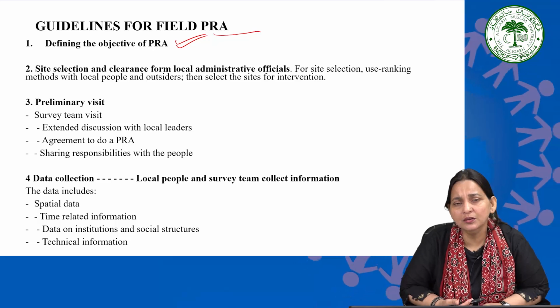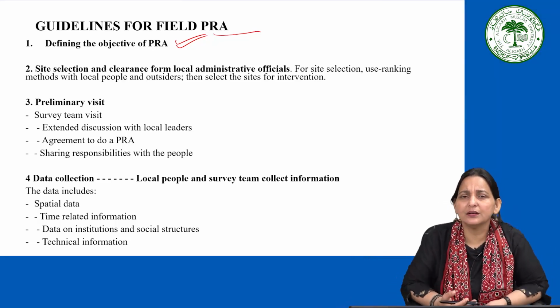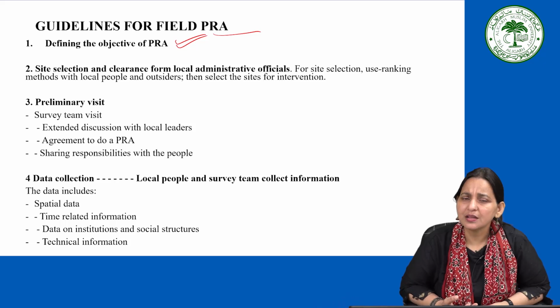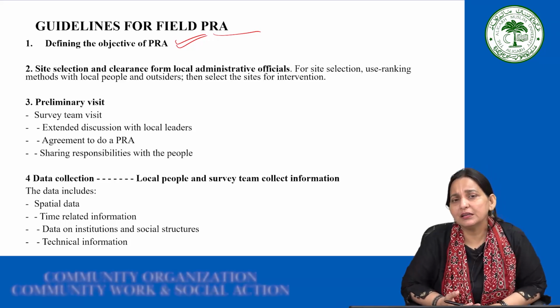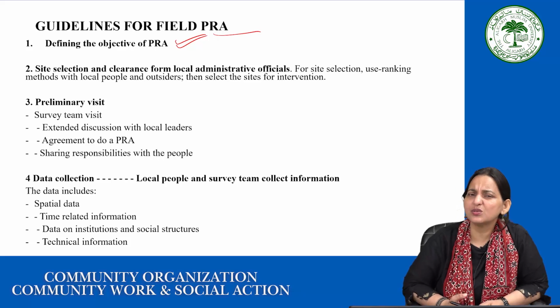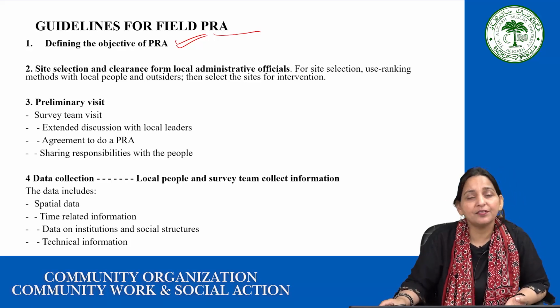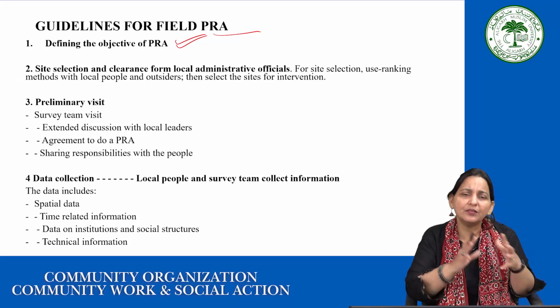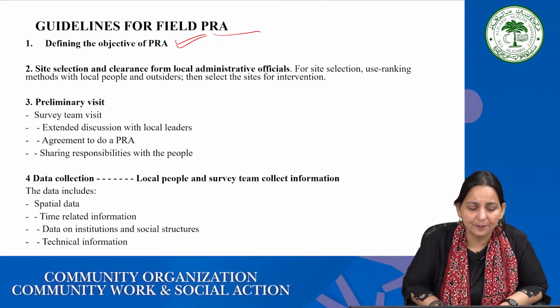What kind of crops are supposed to grow in that community, what types of soils are available, and what are the levels of alkalinity and acidity of the soil. Depending upon the objective of the project, you have to define what kind of PRA you are going to use, and what the objectives of that PRA technique are.